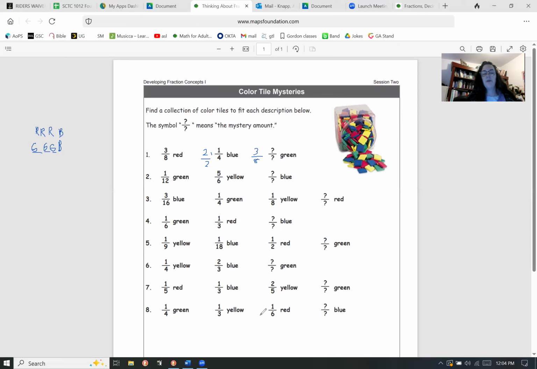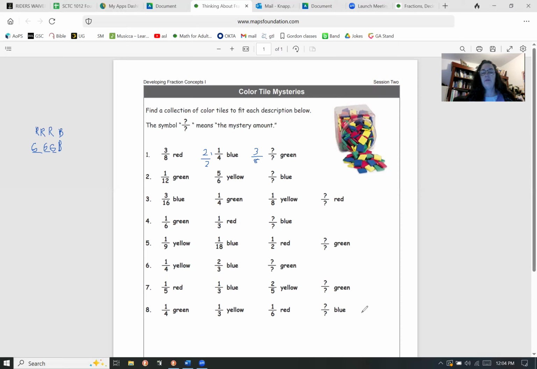So our least common multiple between 4, 3, and 6 would be 12, because if we skip count by 3s, we'd have 3, 6, 9, 12, 15, and so on. Skip count by 4s, you have 4, 8, 12, 16, and so on. Skip count by 6s, you have 6, 12, 18, and so on. The lowest multiple they all had in common was 12.